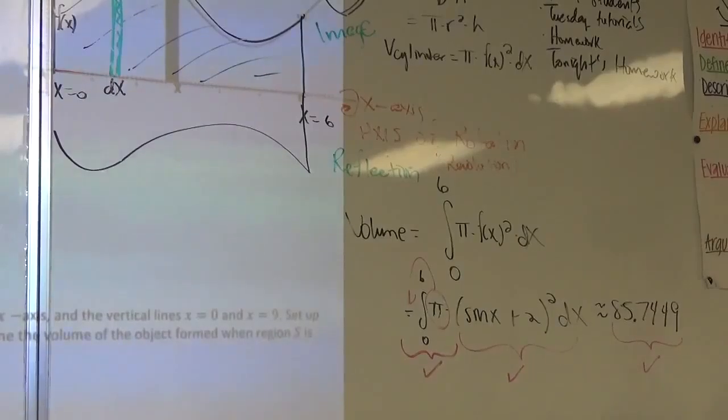If your function is sin of x squared, it's supposed to be 2 plus sine of x. The 85.74. Oh yeah, I didn't do those two. I thought that we did, but when I look at it... Oh no, I had 2 plus sine of x. No, it's just an extra.